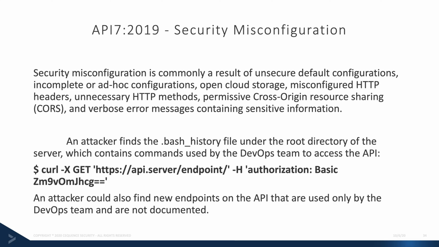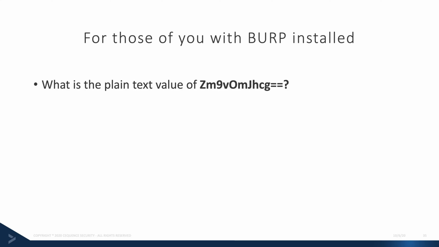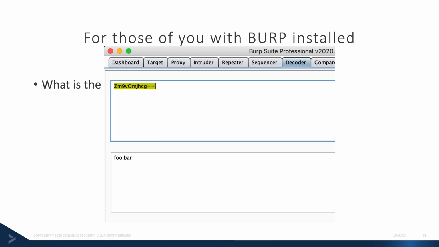So here you can see I'm making a curl request and I'm sticking a basic auth header inside of it. And the reason why basic auth isn't that great, anybody that has Burp installed, I'll pause here for a second, or you should pause and grab this short little bit of base 64 encoded text and perhaps move it into Burp's decoder section and decode it as base 64.